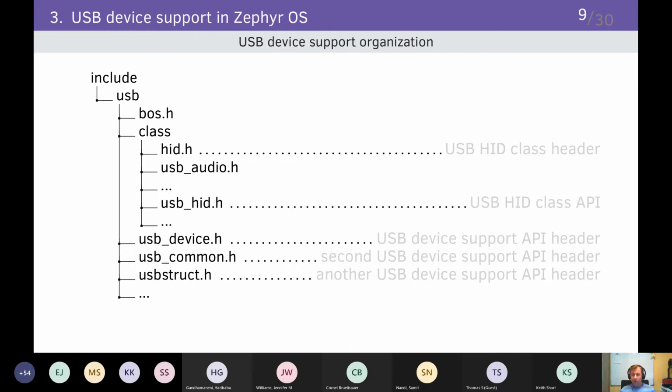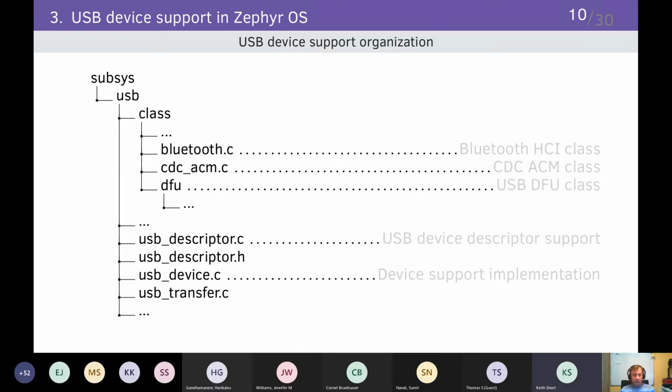Some headers can be shared between host and device support, but that's not done yet. The only class that has a separate API and class definitions header is HID. The reason is to be able to reuse USB HID defines in other subsystems like Bluetooth.